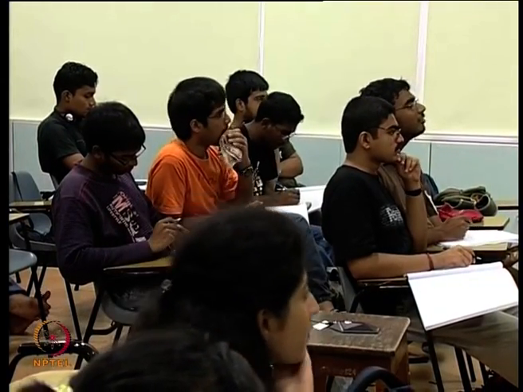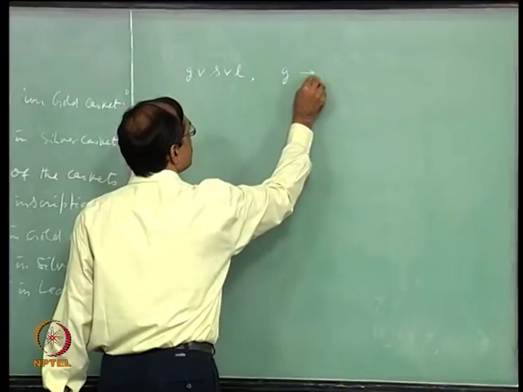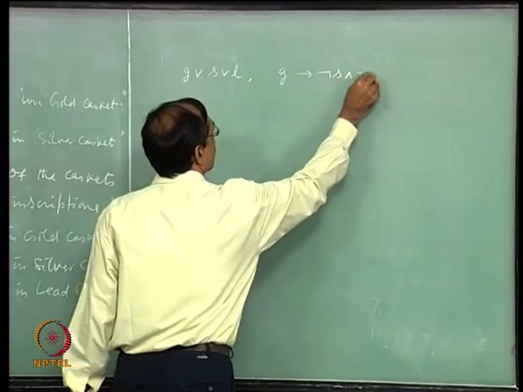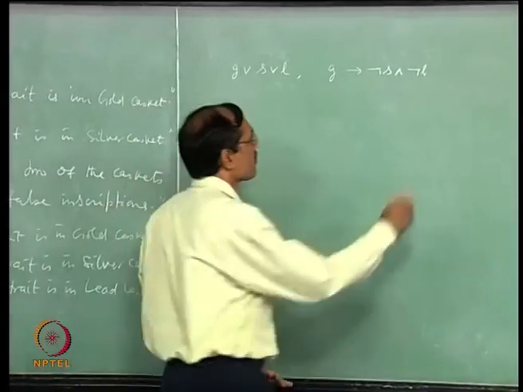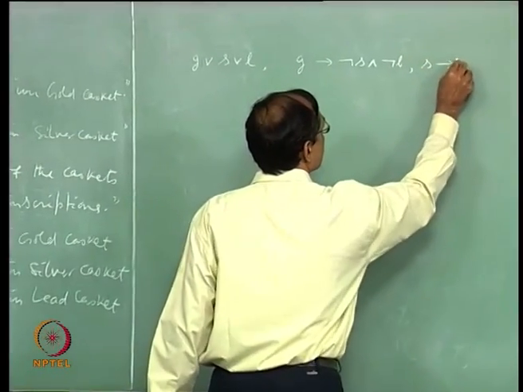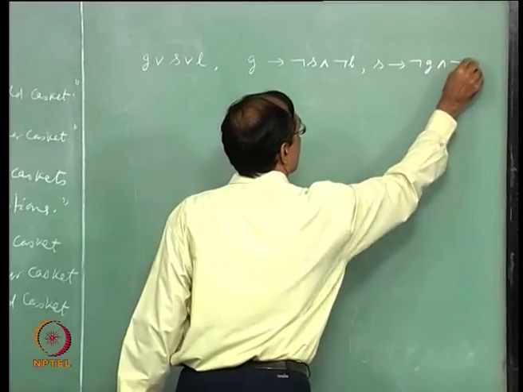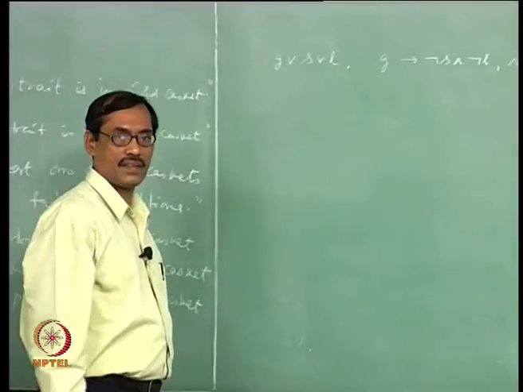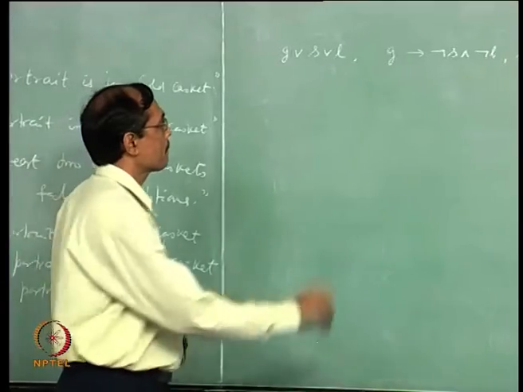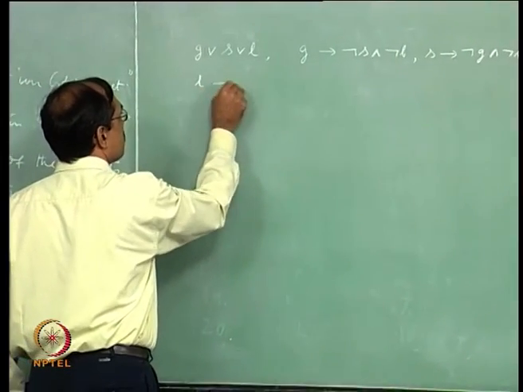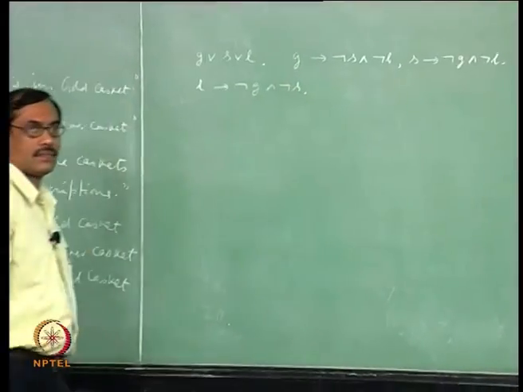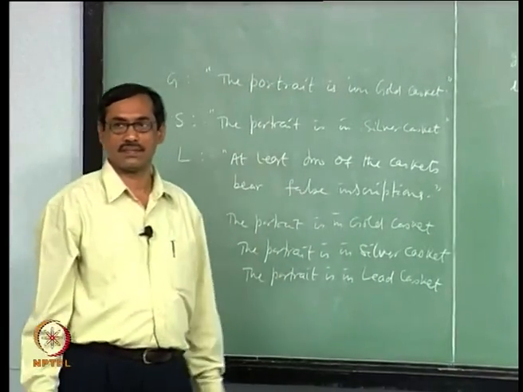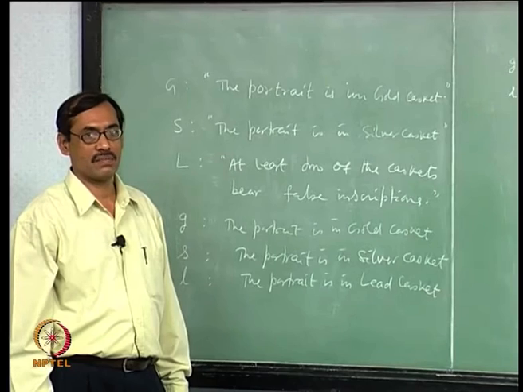So, let us say g implies not s and not l. Similarly, s implies not g and not l. Is that okay? Next, l implies not g and not s. It is in exactly one of the caskets. Next, what are the other premises?